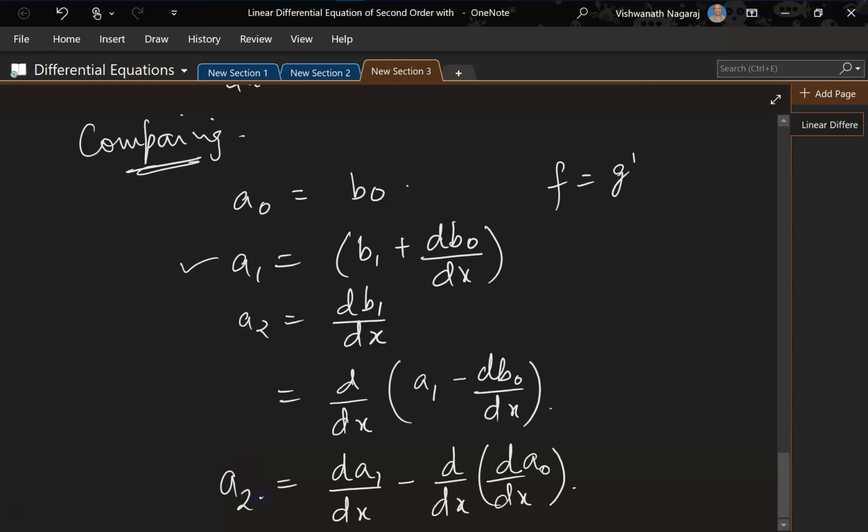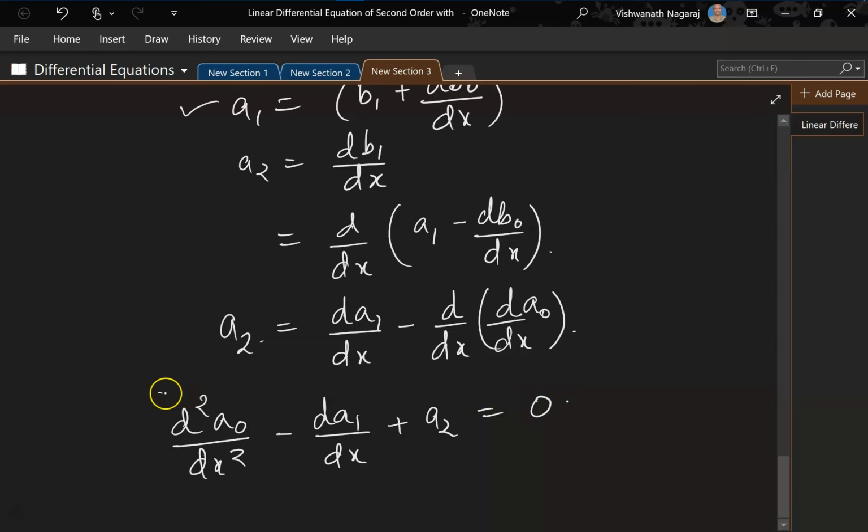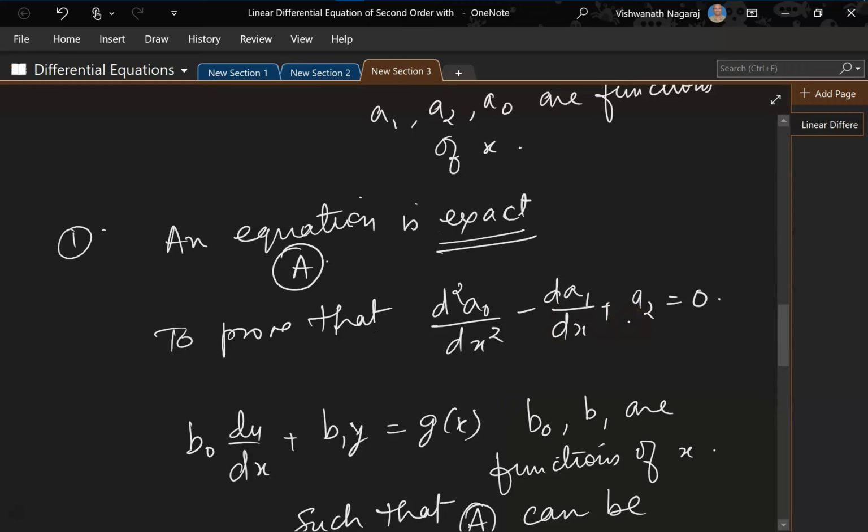So what we ended up doing is writing a2 in terms of a0 and a1. Now let's rearrange this. This becomes d2a0/dx²; if you bring it to this side, it becomes d2a0/dx² minus da1/dx plus a2 is equal to 0, and this is what we had to prove.